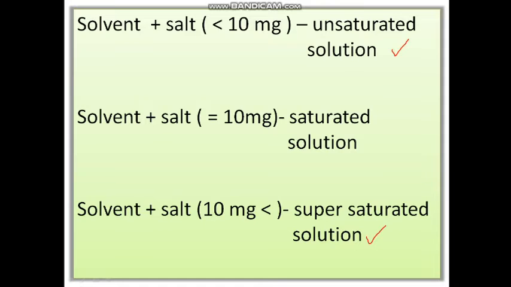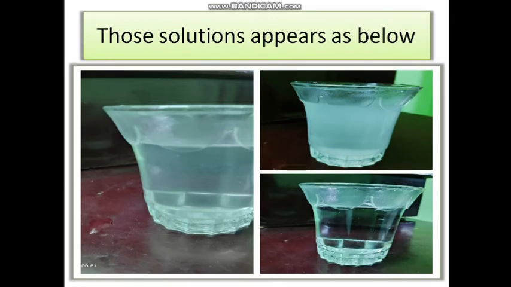That can be called a supersaturated solution. These are the examples for the supersaturated, saturated and unsaturated solution. These are the three figures. One figure depicts saturated, another one is unsaturated, and the third one is supersaturated.